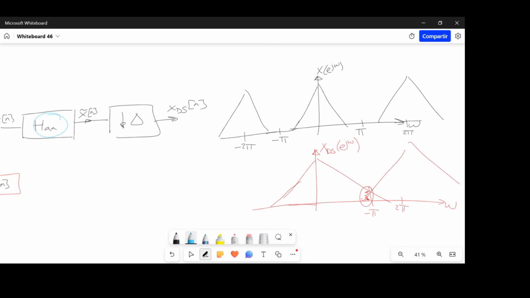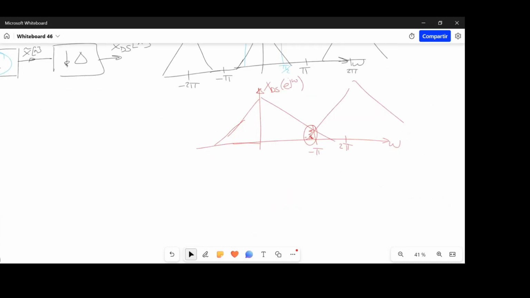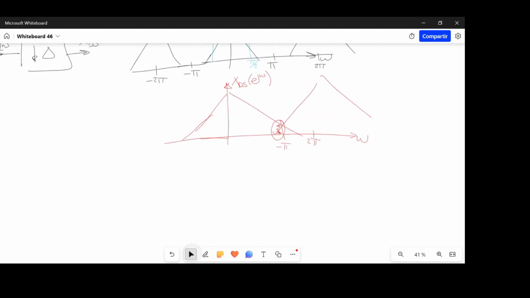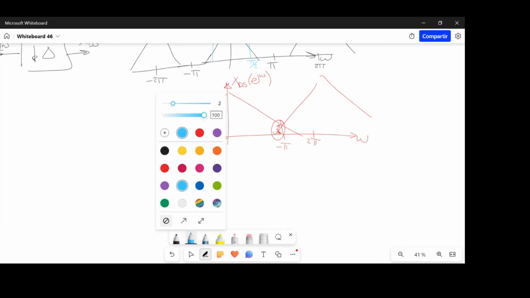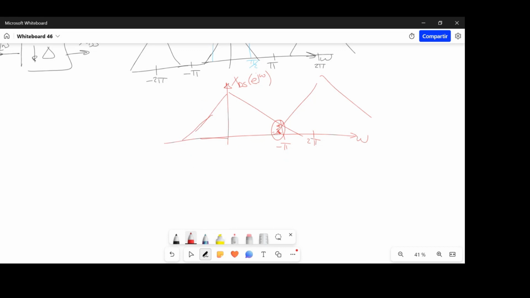The anti-aliasing is cutting, in general, at pi divided by delta, so that when you make the expansion, with the anti-aliasing, you don't have this aliasing anymore.